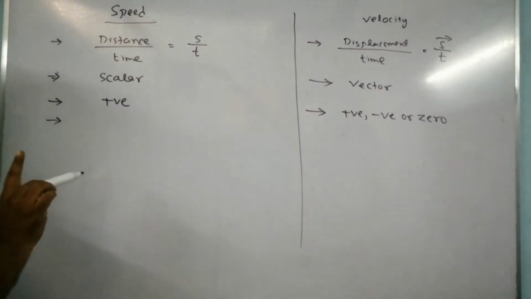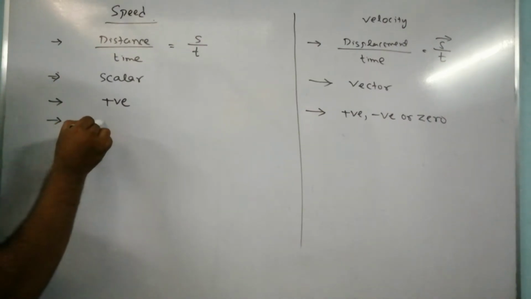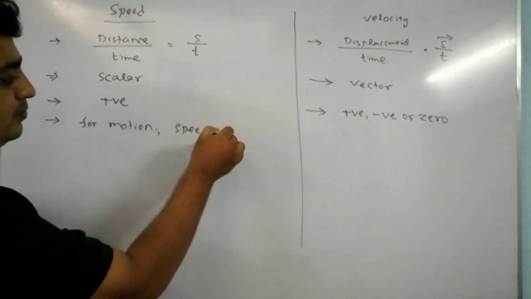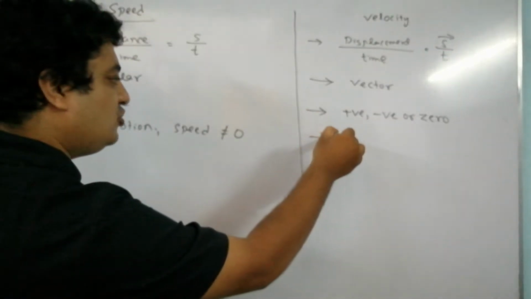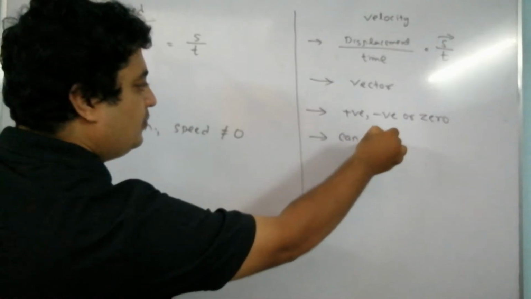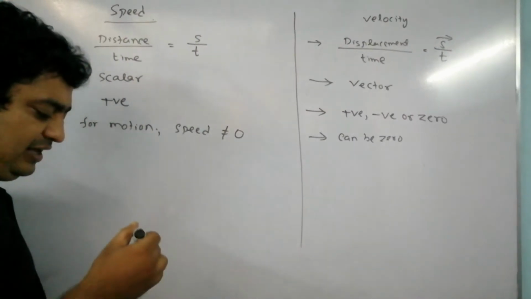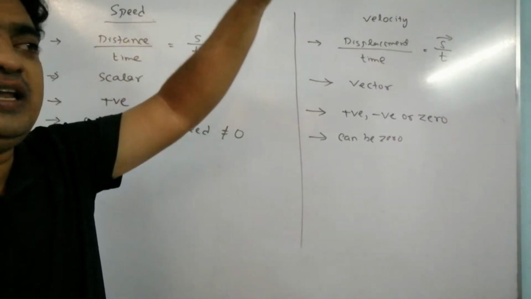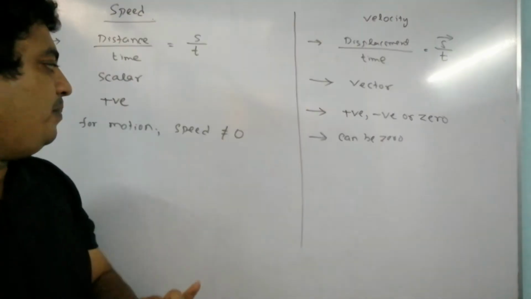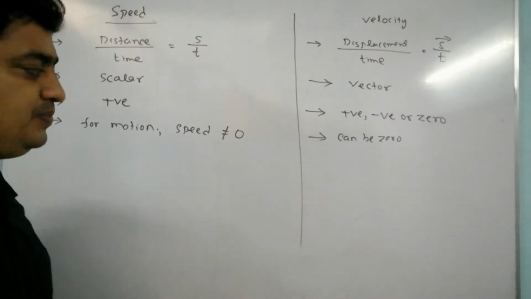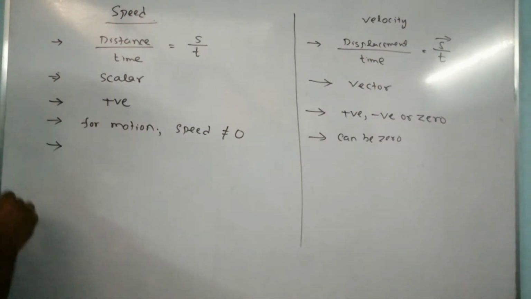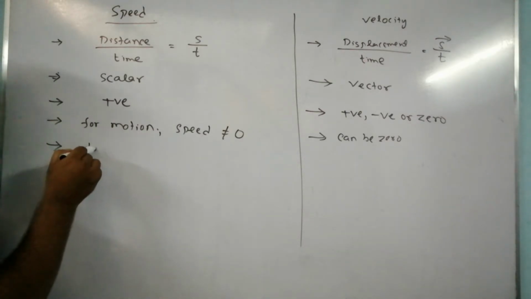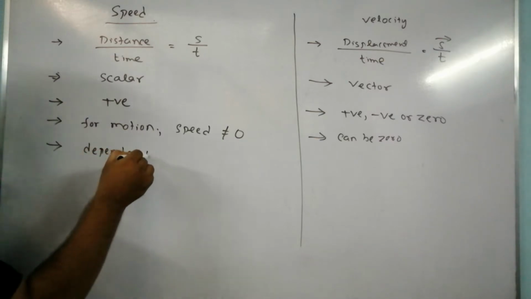For motion of a body, speed cannot be zero, but velocity can be zero. For example, if you throw a ball upward, at the highest point its velocity becomes zero, but its speed is non-zero. Then we can say speed depends upon frame of reference.